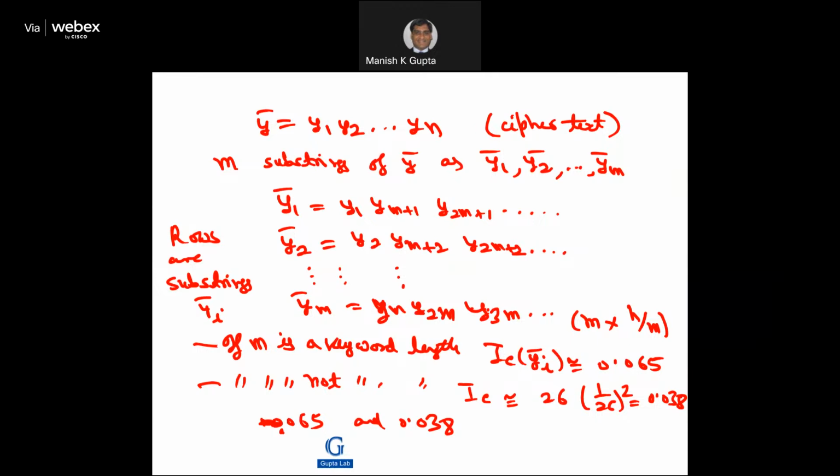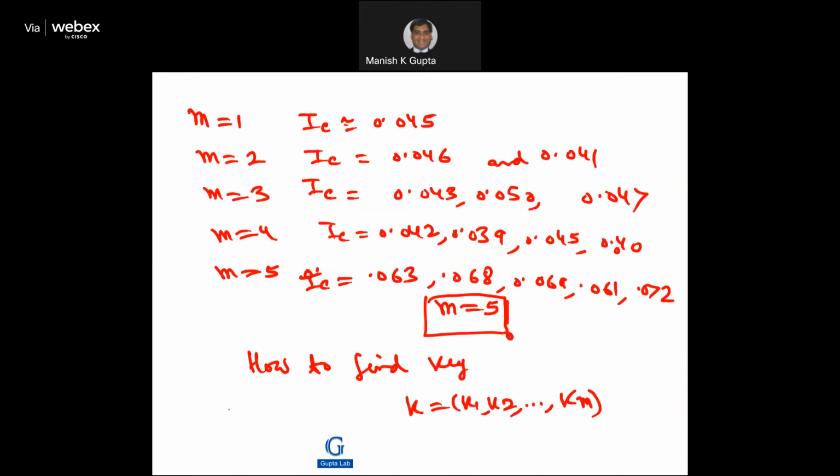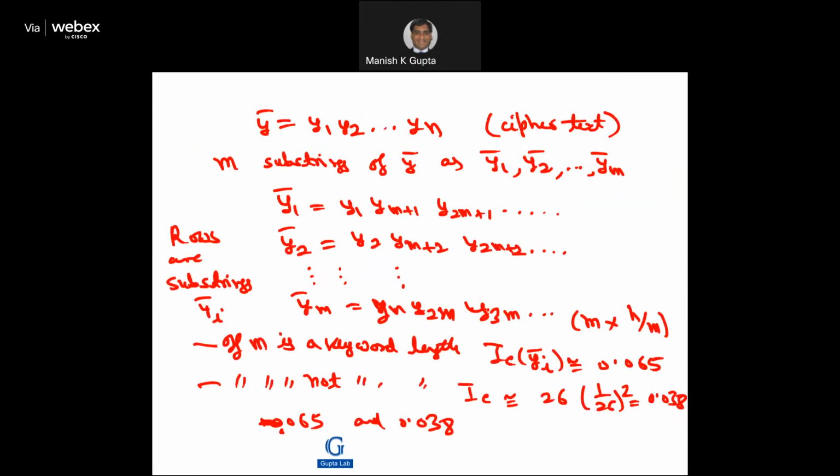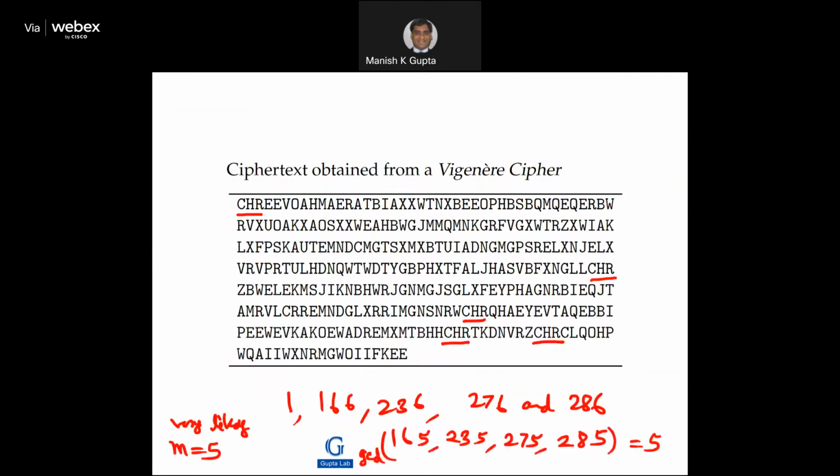Now we look at the ciphertext, and we can use these formulas. For m equal to 1, we are looking at the ciphertext which we have shown here, and I can compute the index of coincidence for substrings.